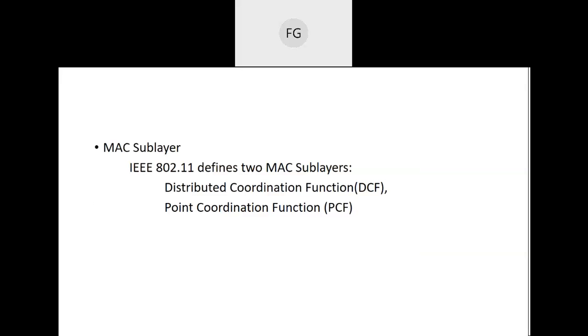Coming to the MAC sublayer of wireless Ethernet, the IEEE 802.11 or the wireless LAN defines two MAC sublayers. Number one is the distributed coordination function or the DCF, and the other one is point coordination function or the PCF.